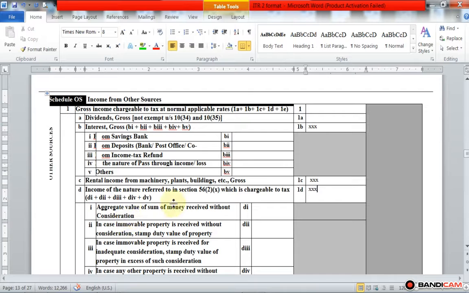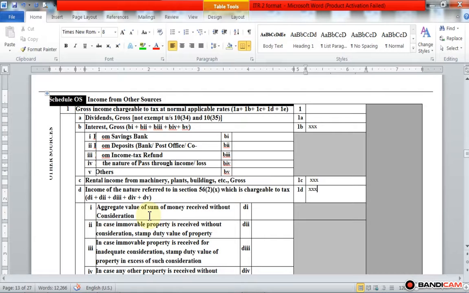Then aggregate value of sum of money received without consideration. So the aggregate value of money received without any consideration is taken into consideration here in the first column, that is the D1 column. Then the D2 column relates to the case where immovable property is received without consideration, or stamp duty value of property.